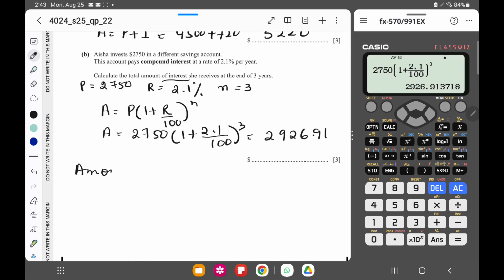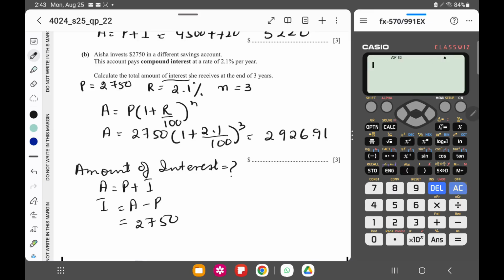The amount of interest is required in the question. Amount equals principal plus interest, so the interest equals the amount minus the principal. Sorry, I have to write down the amount first.